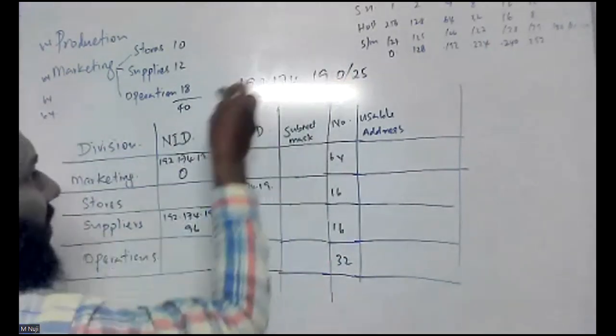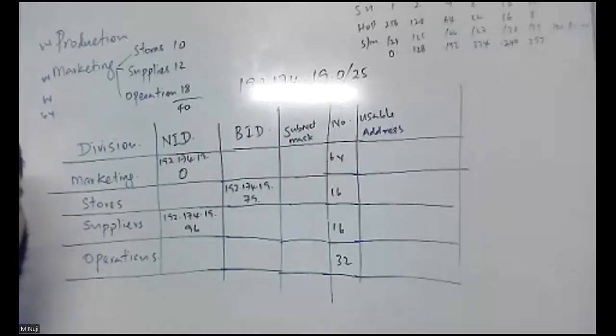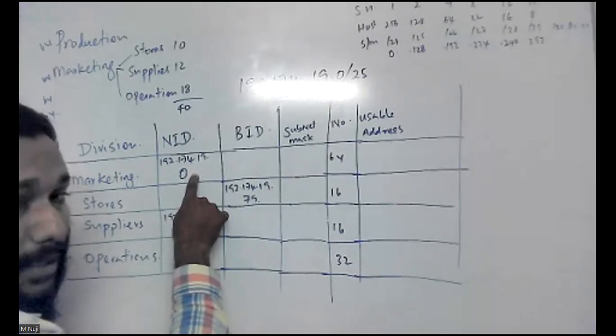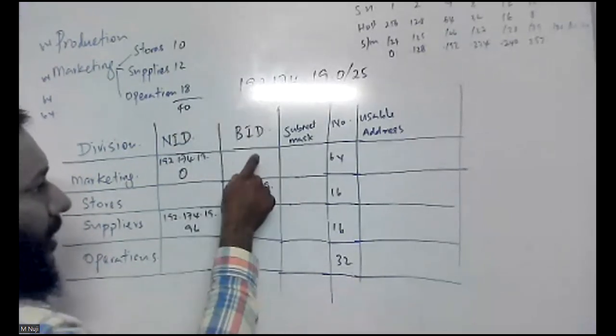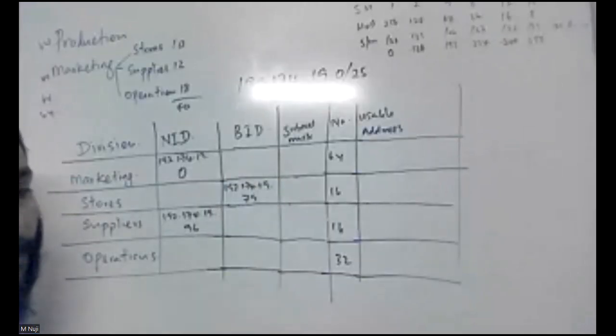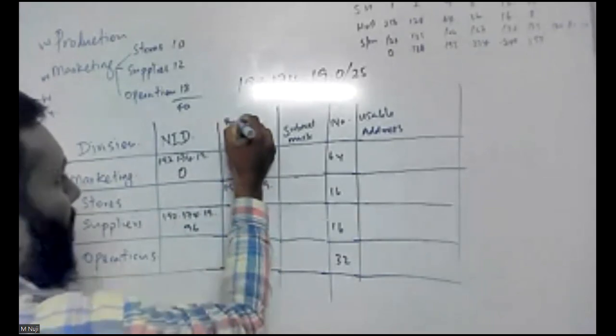You can simply write it down. Here the 0, and your last digit is the broadcast ID, BID means broadcast ID.